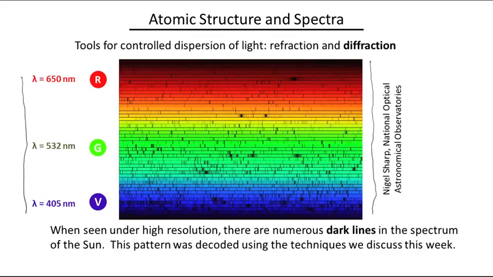Here are our reference lasers laid out roughly where their wavelengths lie, and this notch here is going to be of great interest to us later on. So when this phenomenon was discovered, it was not understood at all, and there was no physical theory that suggested why the smooth light of the sun should be disrupted by so many apparent imperfections.